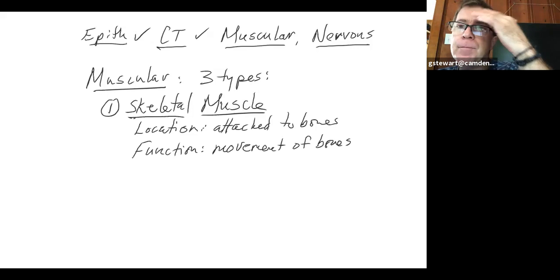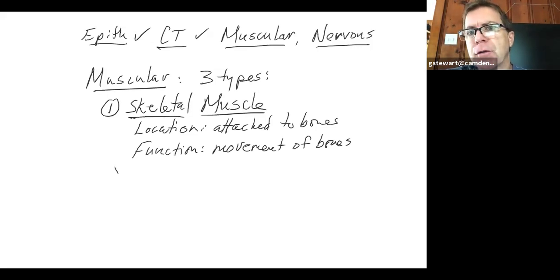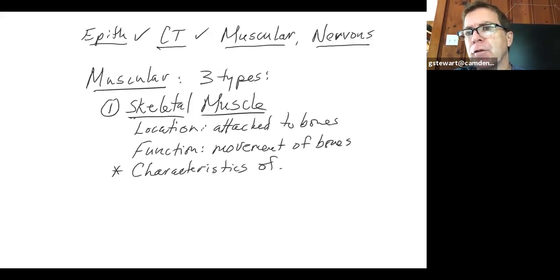Before I leave skeletal muscle, here's some general characteristics of the tissue itself. First, the tissue is striated.